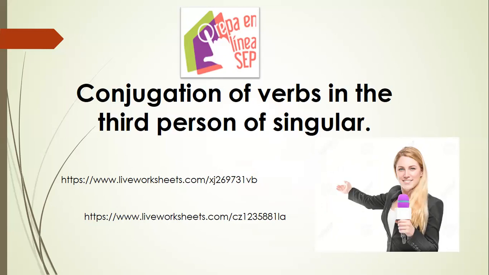Remember that in the forum, in the integration forum, guys, you have to introduce someone in the class. And for doing so, you have to conjugate the verbs in the third person of singular in present simple. Because in this module, guys, the only tense that we saw was present simple. So you have to use present simple when you introduce someone.